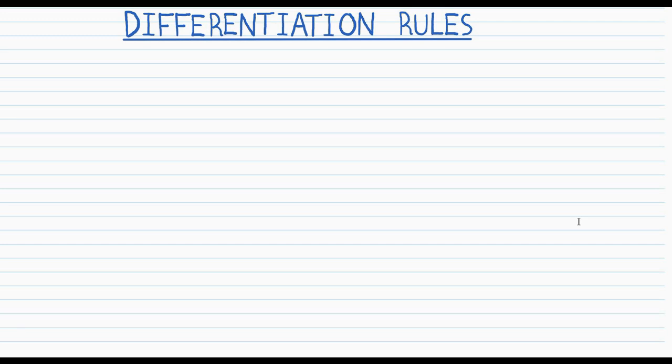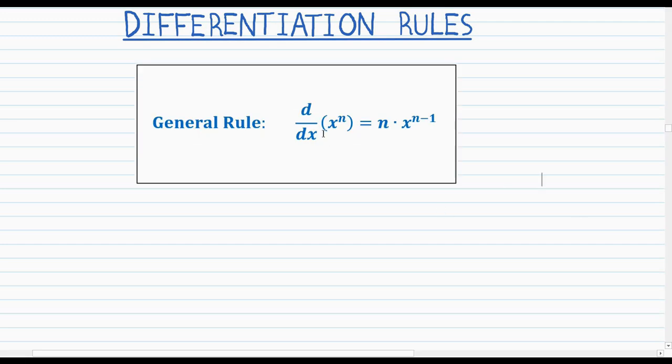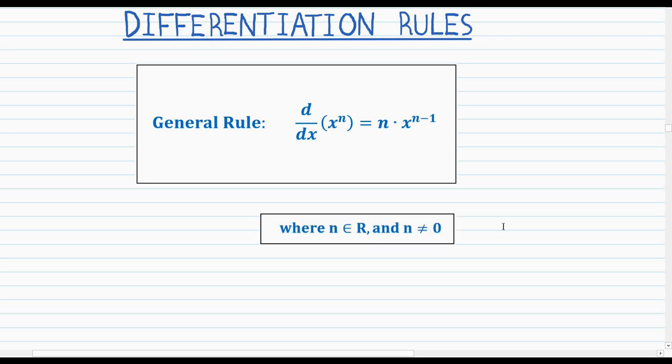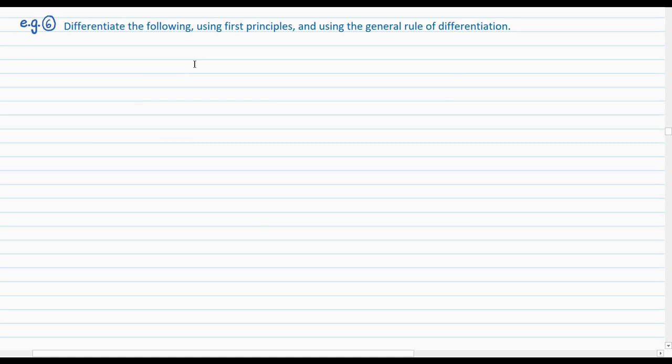The first of these is a general rule of differentiation, which states that the derivative of x to the power of n is equal to n times x to the power of n minus 1, where n is any real number except for 0. Let's apply it to an example.